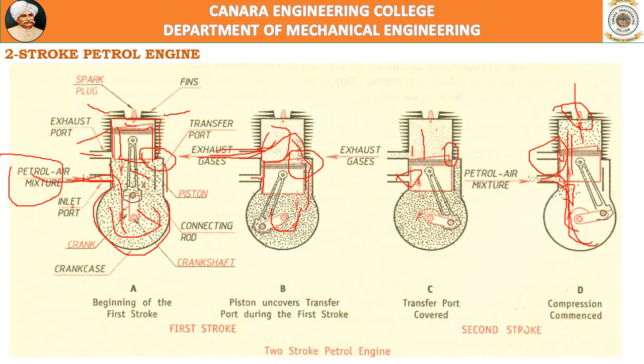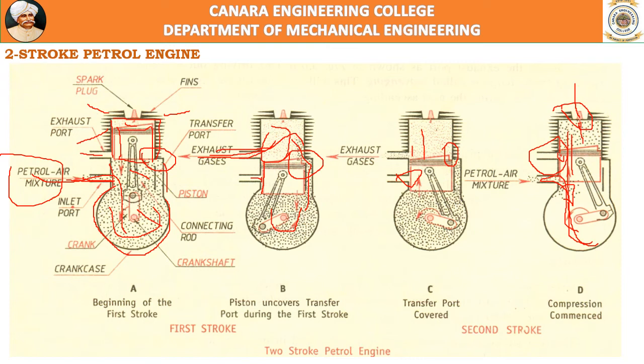Suction starts; during the power stroke, suction takes place. Then the transfer port opens, and air fuel mixture is transferred to the cylinder. Then flushing out, scavenging, then compression, then the power stroke, and along with power, suction takes place.